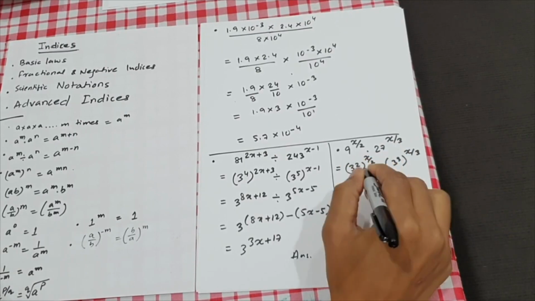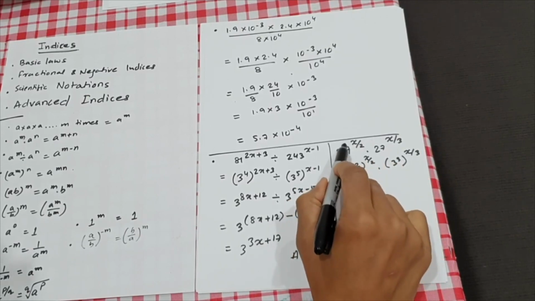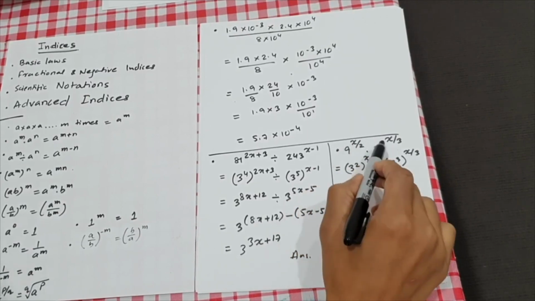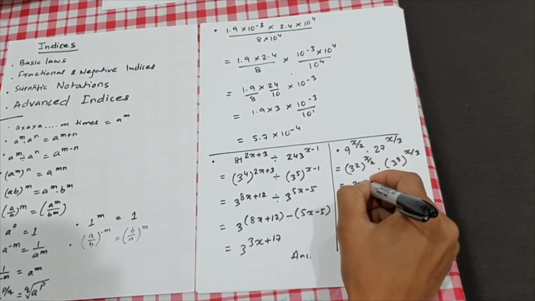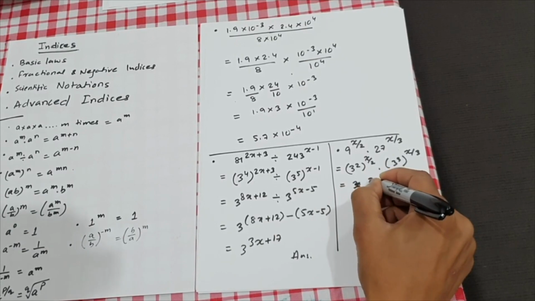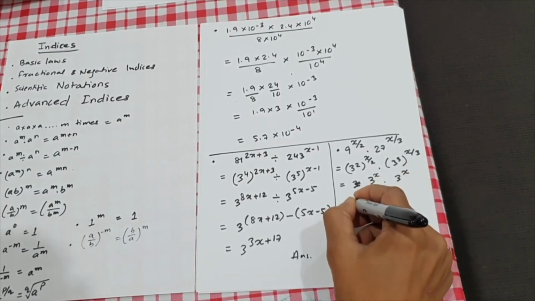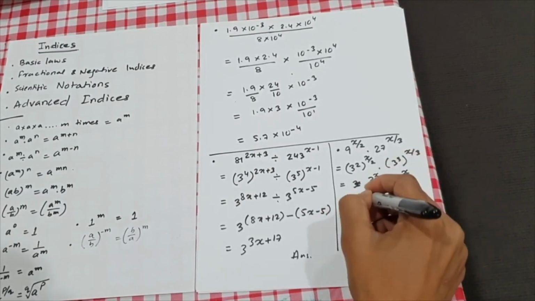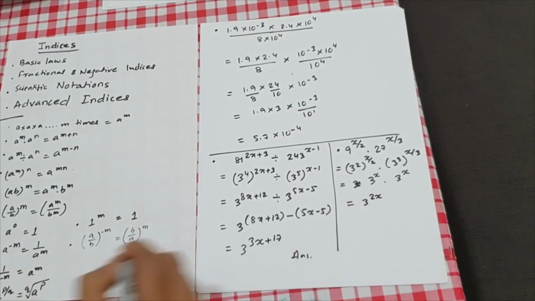As soon as you see 9 and 27, it should strike in your brain that 9 is 3 square. So we can get a power of 2 somewhere, and here we can get a power of 3 somewhere, which will settle itself. So this is 3 to the power x, and this is 3 to the power x. Because these get cancelled out, this is 3 to the power x plus x, which is 2x. That's your answer.